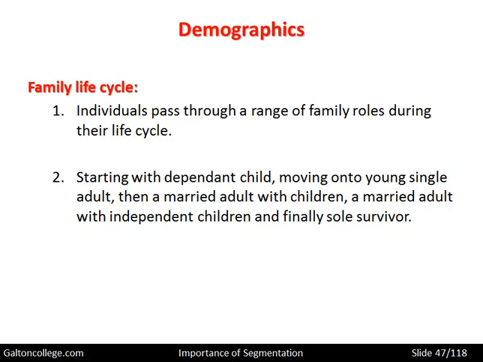So this whole family life cycle will be enacted. This is what people go through, and the marketing organization will be looking keenly to look for opportunities to develop products which will match requirements as that life cycle works its way through.